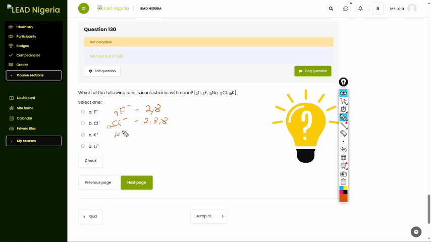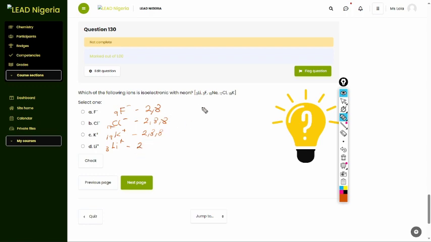Now for potassium, which is number 19, it's usually 2,8,8,1, but it loses that 1 at the end to become just 2,8,8. Then lithium, number 3, forms 2,1, but then it loses the 1 at the end to just be 2.